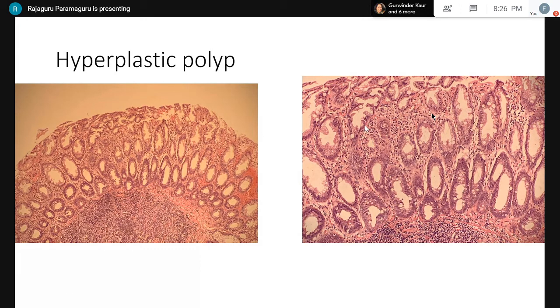This has significance, and mainly I want to stress that these changes seen in the basal part of the crypts should not be confused with an adenomatous polyp. The pathogenesis is completely different.